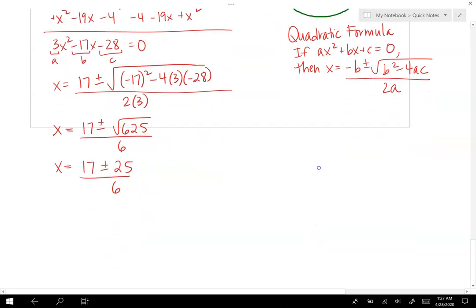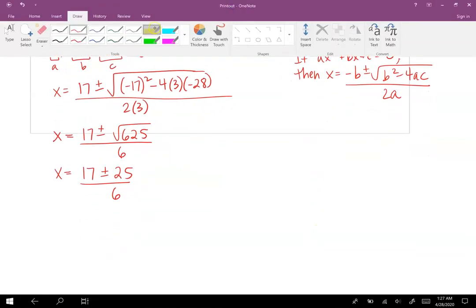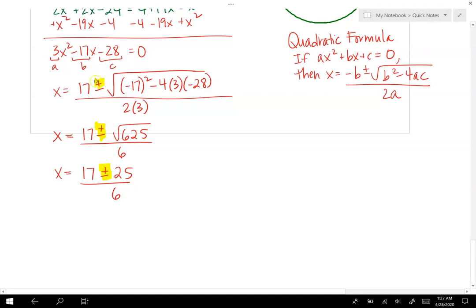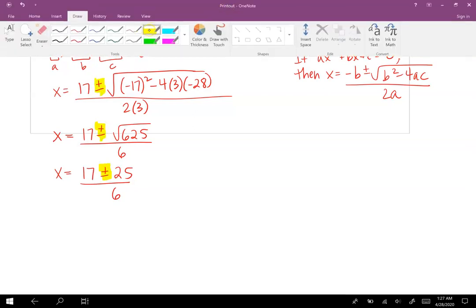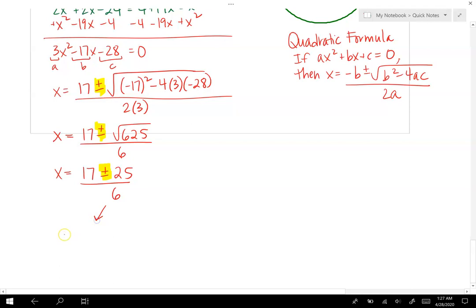And at this point, this plus or minus, we deal with it now. We just brought it down the whole time. Now we deal with it. So x can be 17 plus 25 divided by 6, or, that's how you get your two answers, x equals 17 minus 25 over 6.